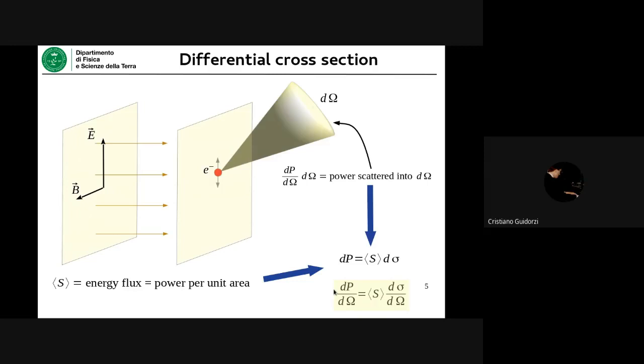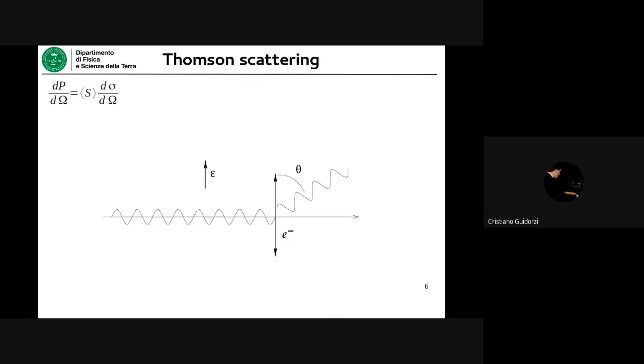So you can see this process as just energy which is scattered by the electron. The electron receives energy, and this energy then is emitted. The budget is that the electron is redistributing the energy which is going through it, and we characterize this process by characterizing the differential cross-section.